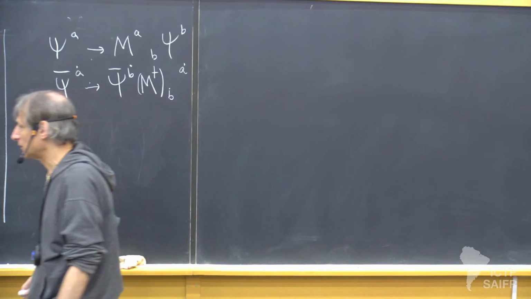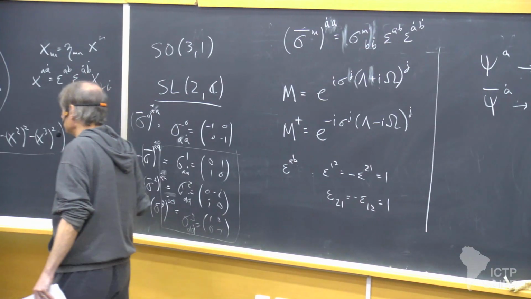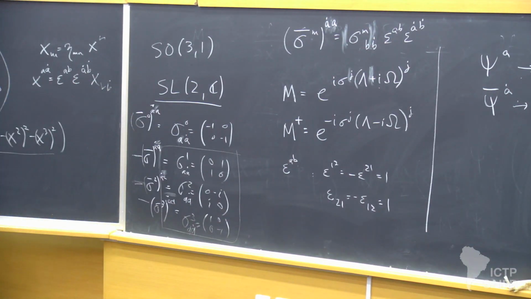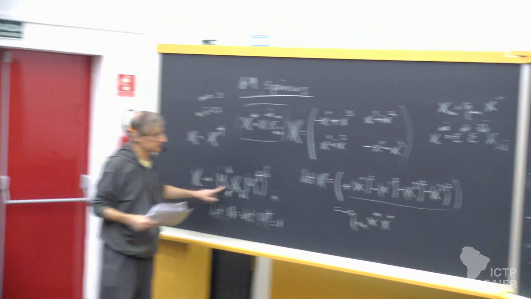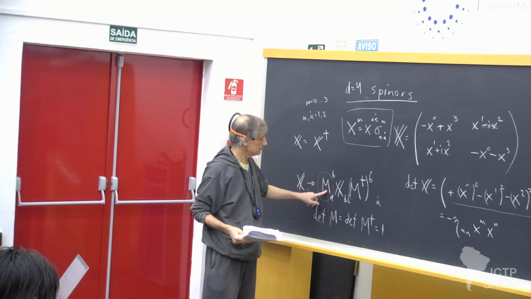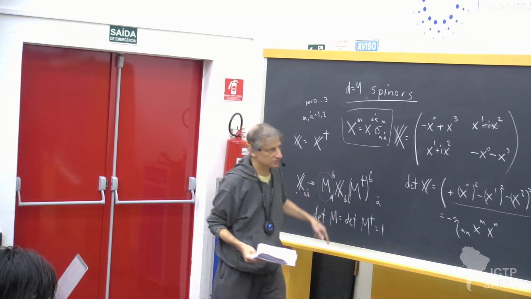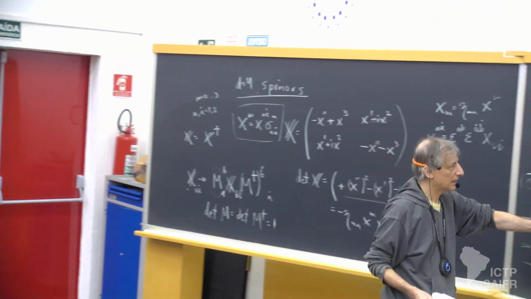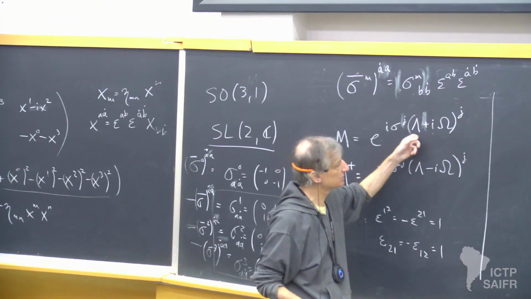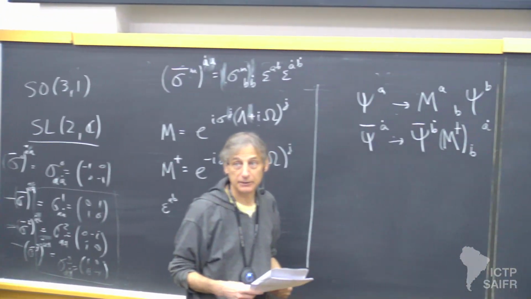You know that the Lorentz transformations are encoded in these matrices, so it just tells you how, when you do a rotation or a boost, it affects psi and psi bar.